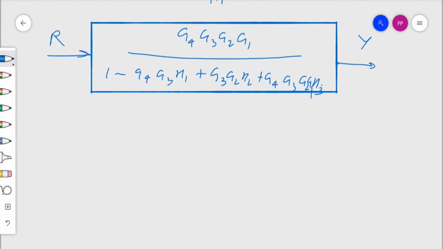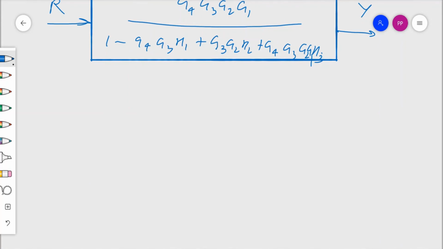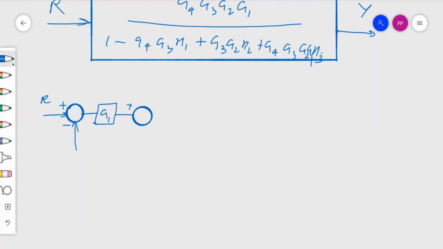Let us consider the problem. I have the input R, which is entering a comparator, and some negative signal is coming from the other side. Then you have G1, then another comparator that is summing two signals, and the output is going to another comparator that is comparing two signals.